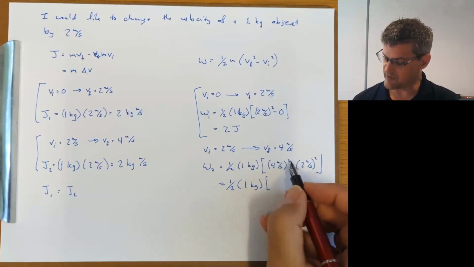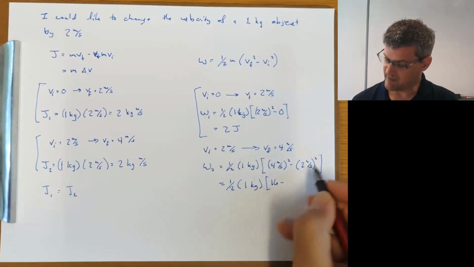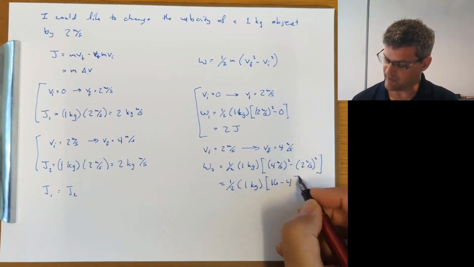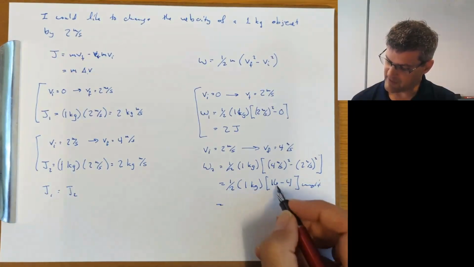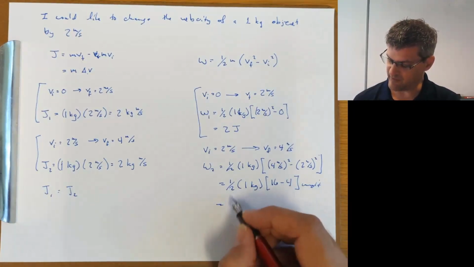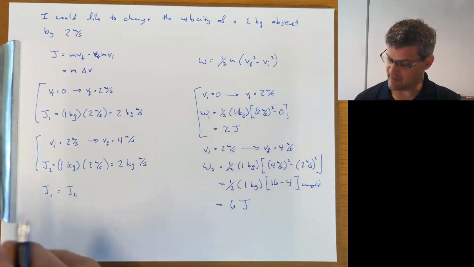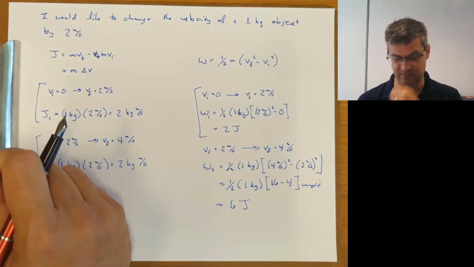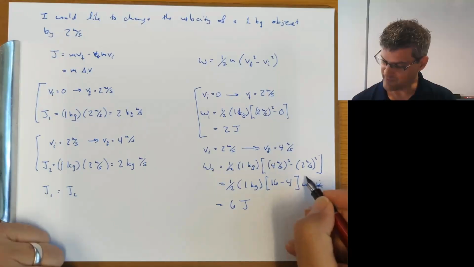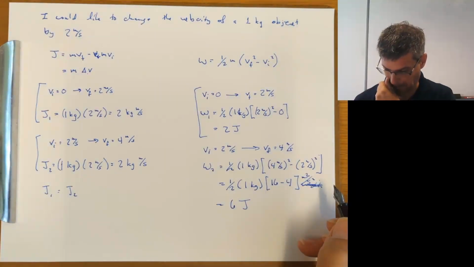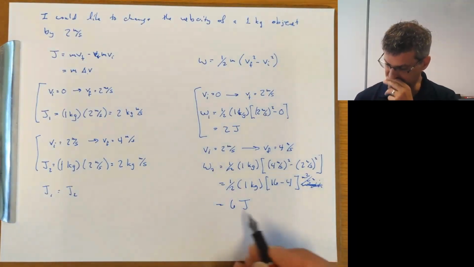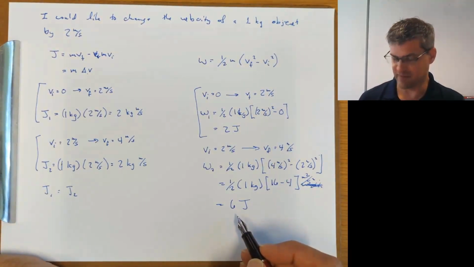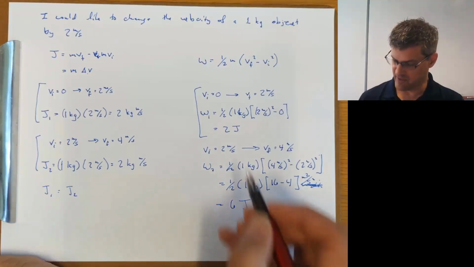But 4 squared is 16, 2 squared is 4, and there's the units. We'll worry about the units later. 16 minus 4 is 12 divided by 2. This ends up being 6 joules. If we want the units, meters squared per second squared. So this ends up being 6 joules.